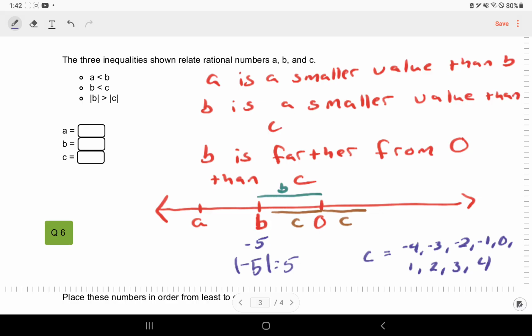Now, A can be -6, -7, -8, -9, -10, and so on. Whatever we pick for B determines what A can be.